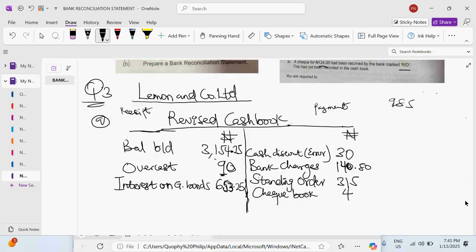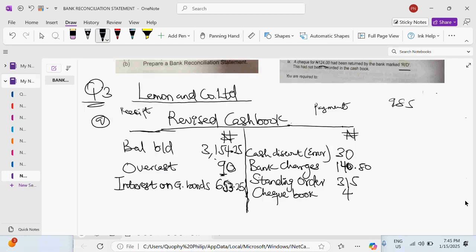Now you give the checks to them, they went to the bank to cash out, and then they were rejected. Causes of dishonored checks: a post-dated check, a stale check, the date is wrong, or the signature is not that of the specimen. If the signature is not the signature of the owner, that can also lead to a dishonored check.